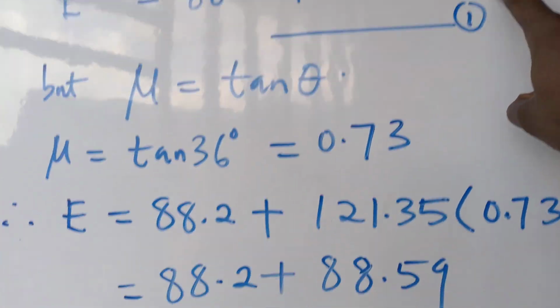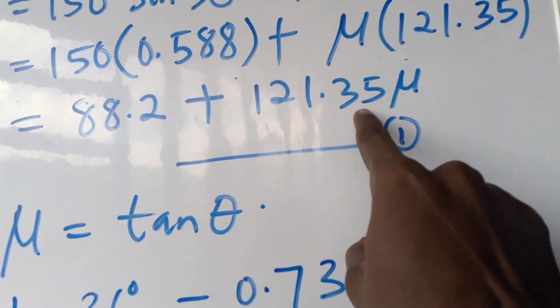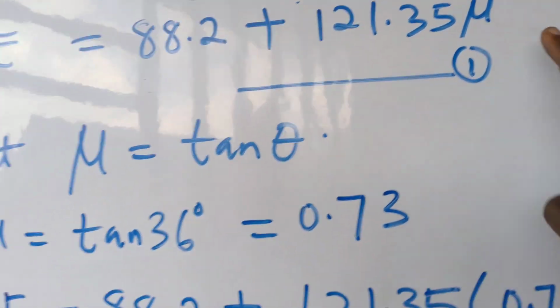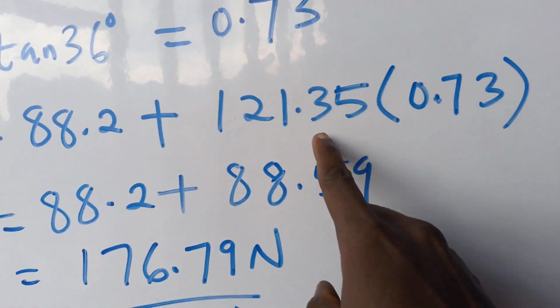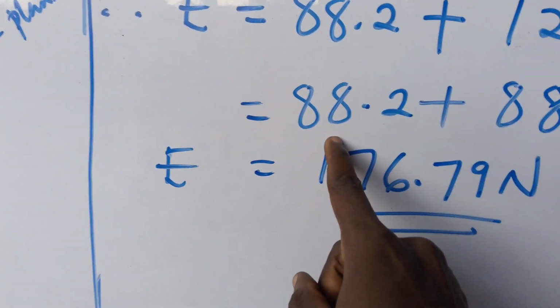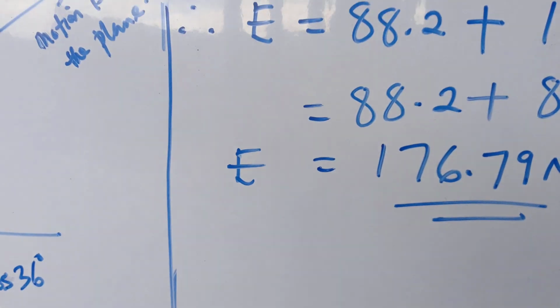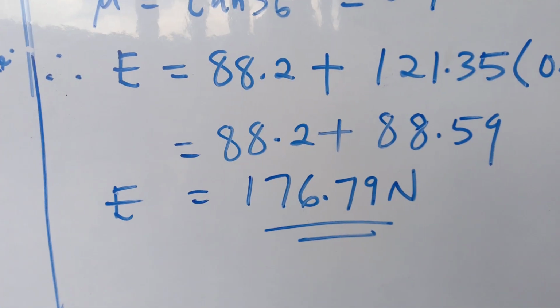Substituting this into equation 1, I have 88.2 plus 121.35 times 0.73. So 121.35 times 0.73 gave me 88.59. Add it to 88.2 and I have 176.79 Newton. That is the force we are asked to look for. Thank you very much.